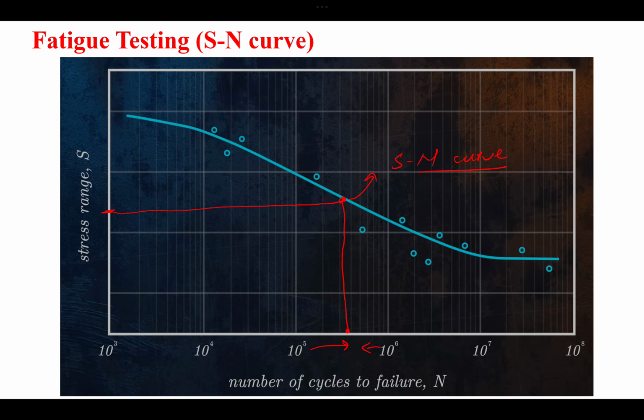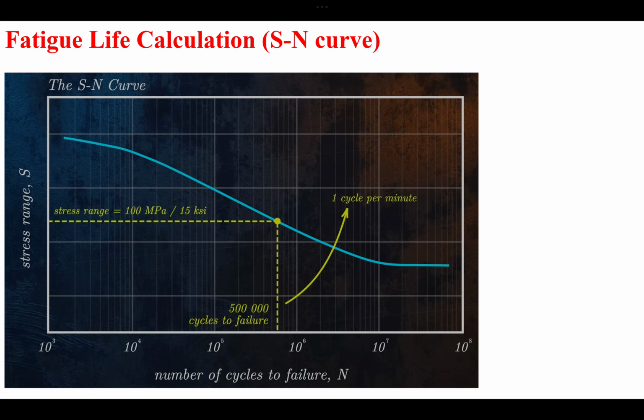Okay, and for example, if you have a component on which you apply 100 megapascal of stress, and you have this SN curve for that material, it tells you that it will fail after 500,000 cycles.